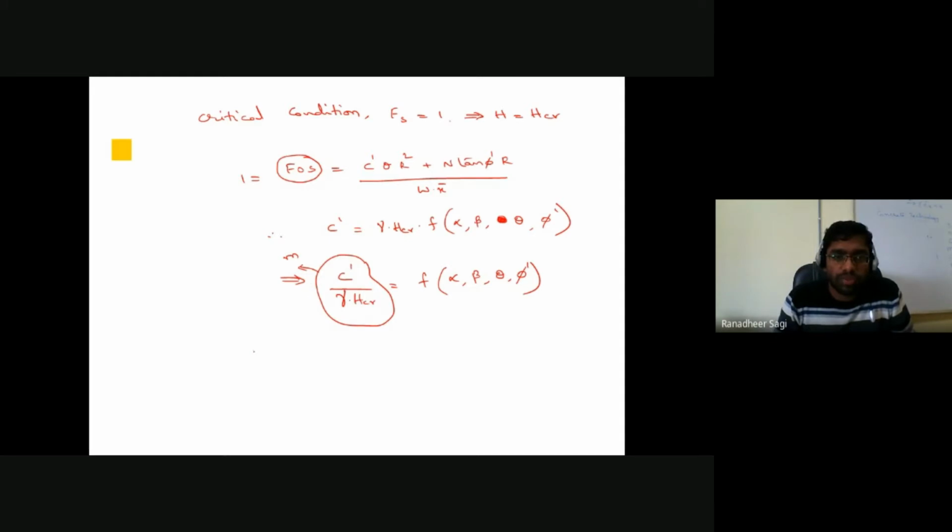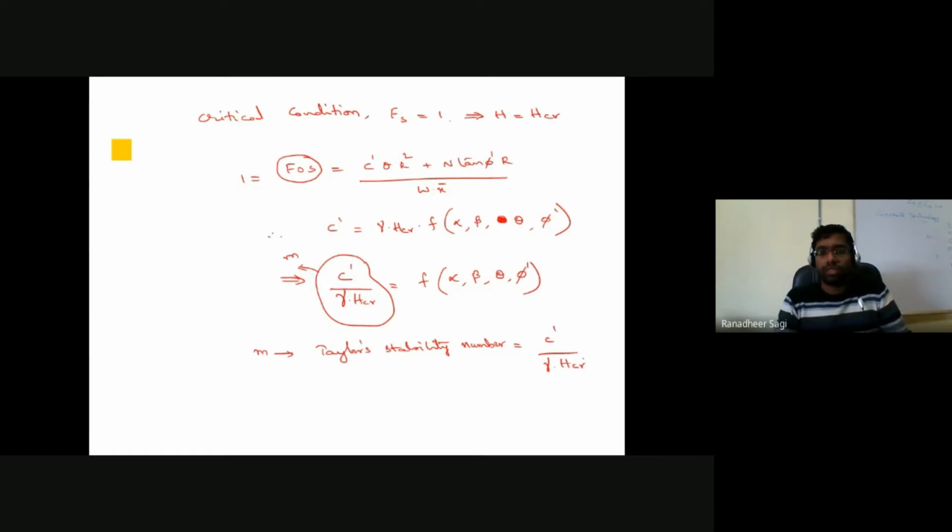This small m is what we call Taylor's stability number, where m is given as the ratio of c or c dash by gamma into h critical.